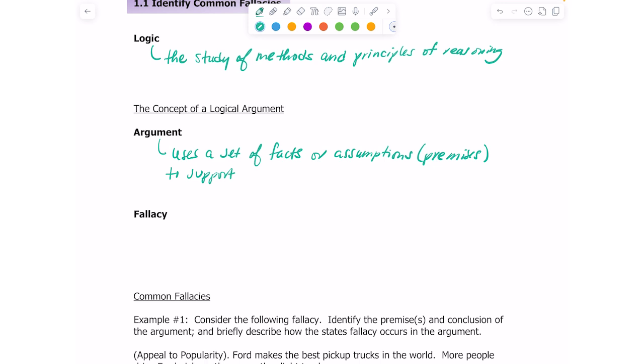And a fallacy is just a deceptive argument. It's an argument where the conclusion is not well supported by the premises.